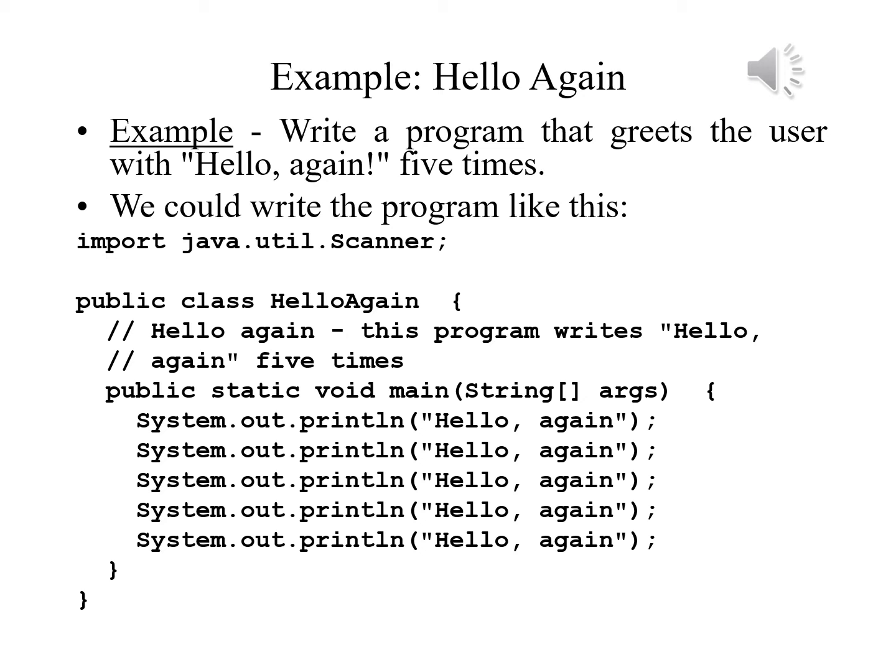Public static void main(String[] args) open brace, System.out.println("Hello again") repeated five times, and end it with a close brace for the main method and a close brace for the class.